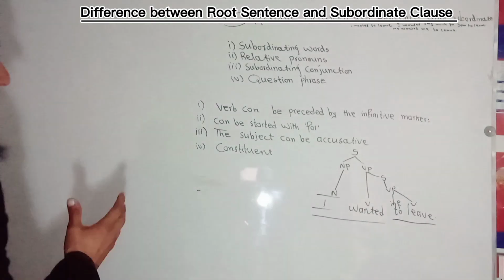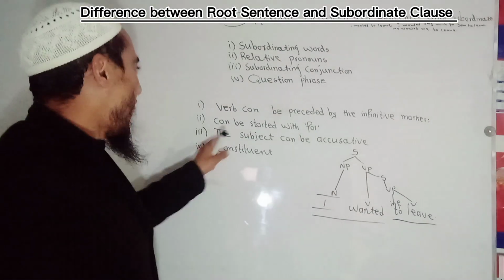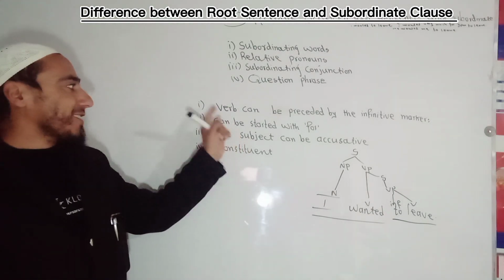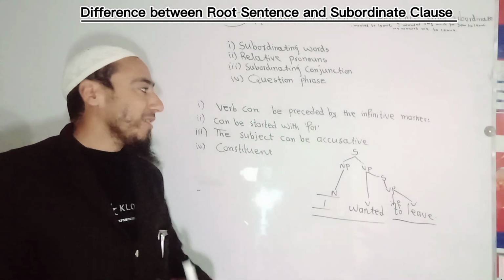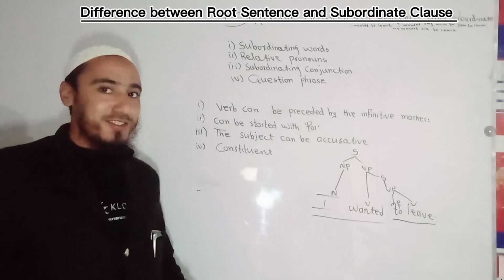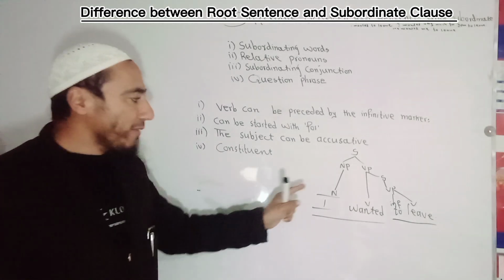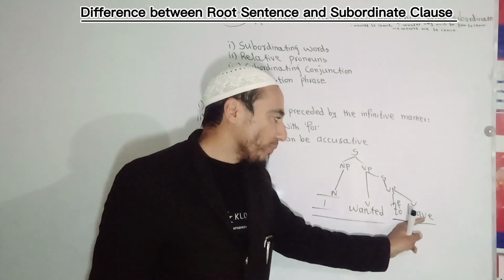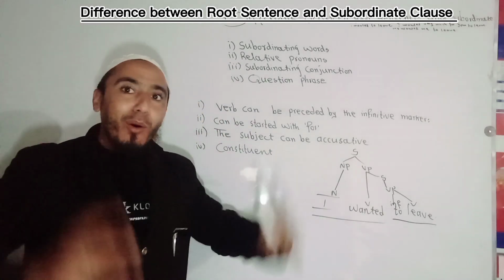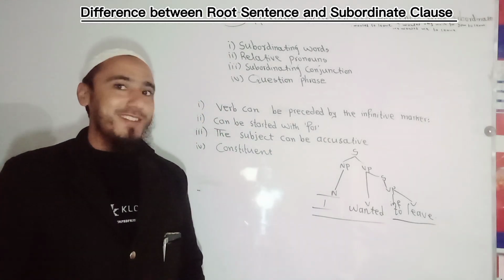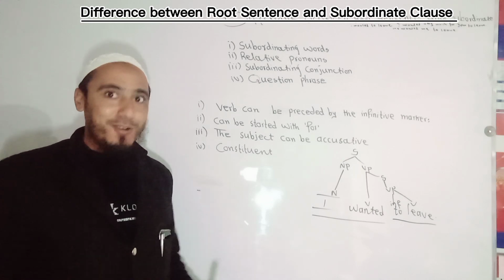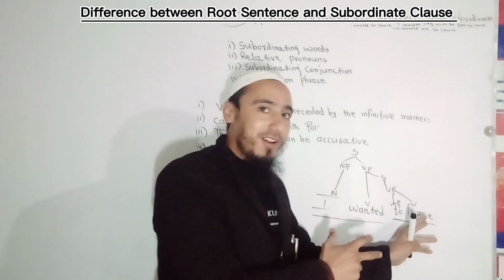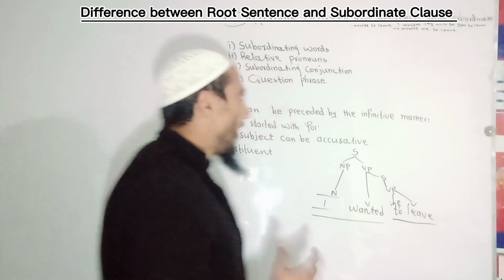Okay. Similarly, a subordinate clause can be started with "for." It means it can be started with the subordinating conjunction "for," along with the infinitive marker, as in "to live." How is it?